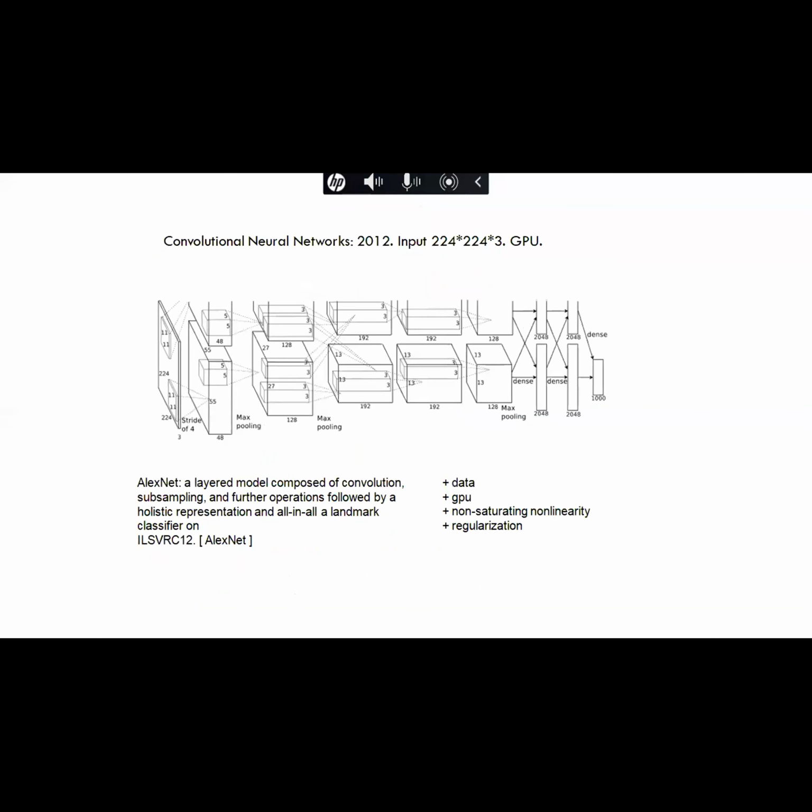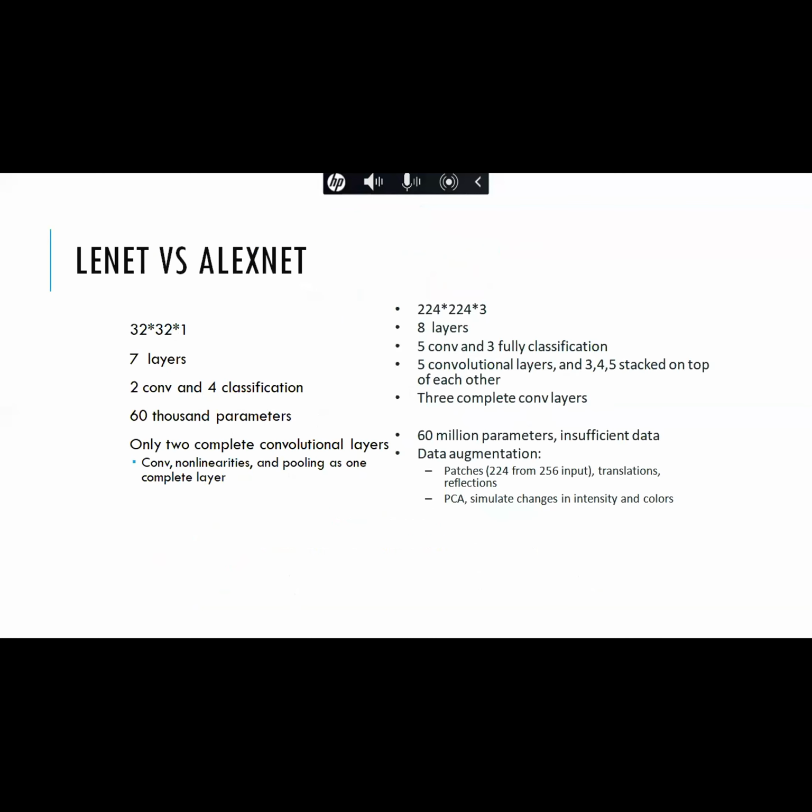So this is a layered model composed of convolution and subsampling operations followed by a holistic representation and ultimately a classifier for handwritten digits. And in AlexNet, the layered model is composed of convolution, subsampling, and further operations followed by a holistic representation and a classifier. So this is the comparison, LeNet versus AlexNet.